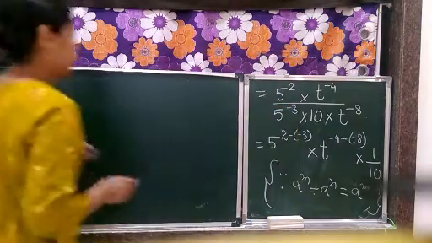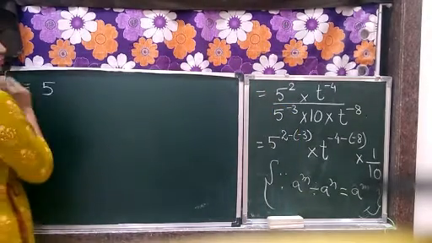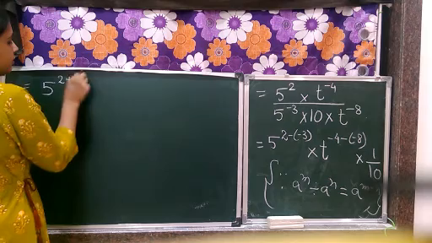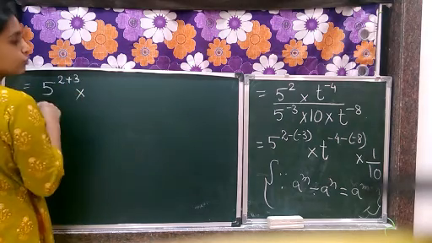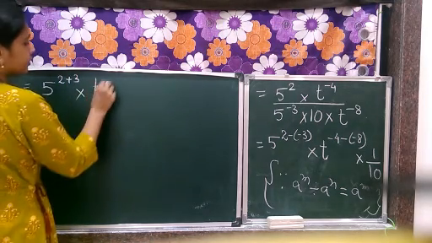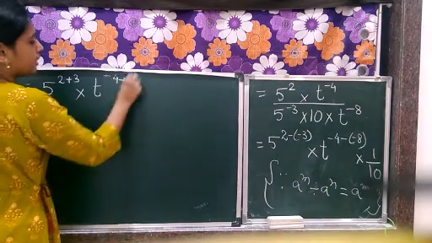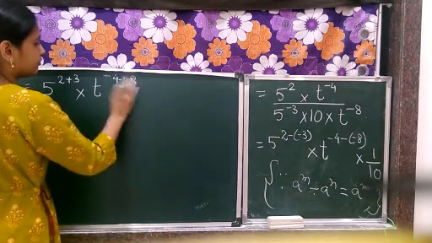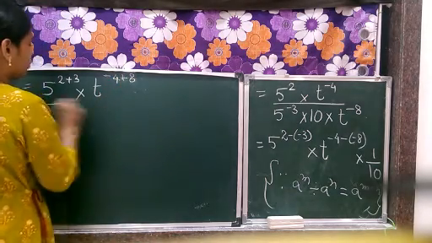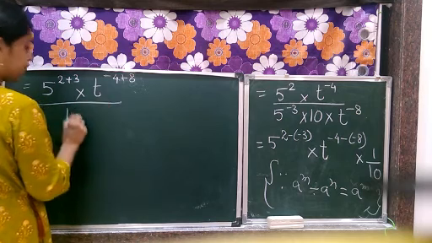Now 5 raised to 2 plus 3 into t raised to minus 4 plus 8 whole by 10.